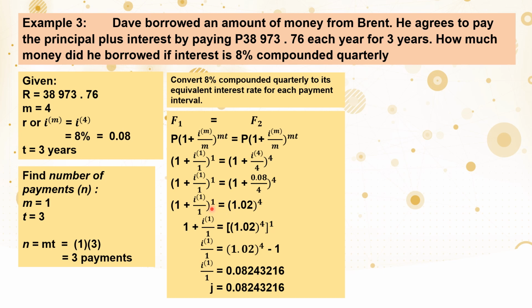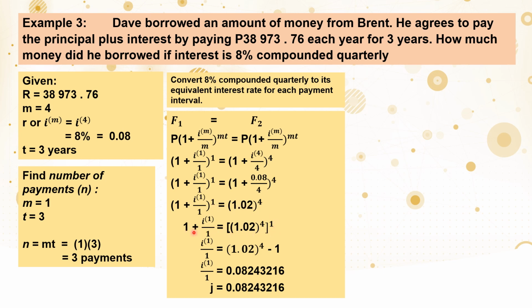Next is, kailangan mawala yung 1 dito sa ating left side of the equation. Para mawala itong exponent na 1, ilipat natin siya sa right side ng equation. Pag nilipat natin yung 1, we get the reciprocal. And the reciprocal of 1 is still 1.